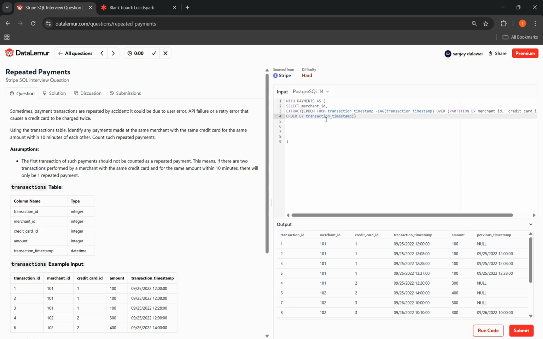After this statement, I will be getting the difference in the timestamp in terms of seconds, but I need it in minutes. So I will be dividing it by 60, and I will be renaming it as minute difference from transaction.